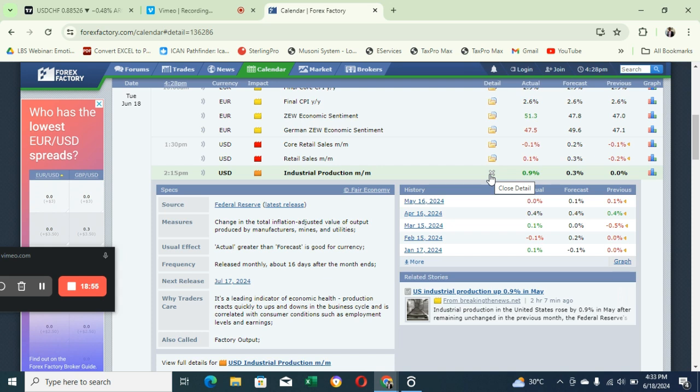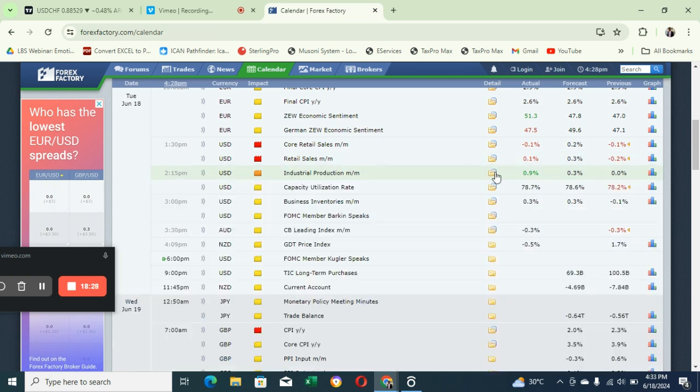The reason why we have to care about this is that it's a leading indicator of economic health, and production reacts quickly to ups and downs in the business cycle. This is correlated with consumer conditions such as employment level. These are the reasons why we have to care about this. Though it's not high impact, it shows a significant change, as it is greater than the forecast.